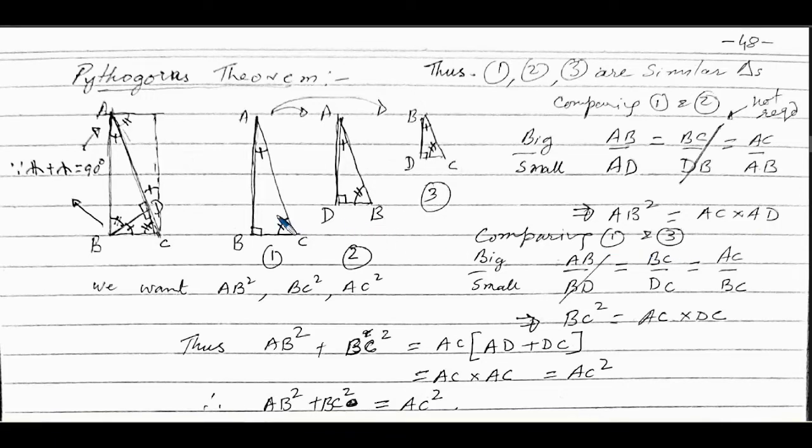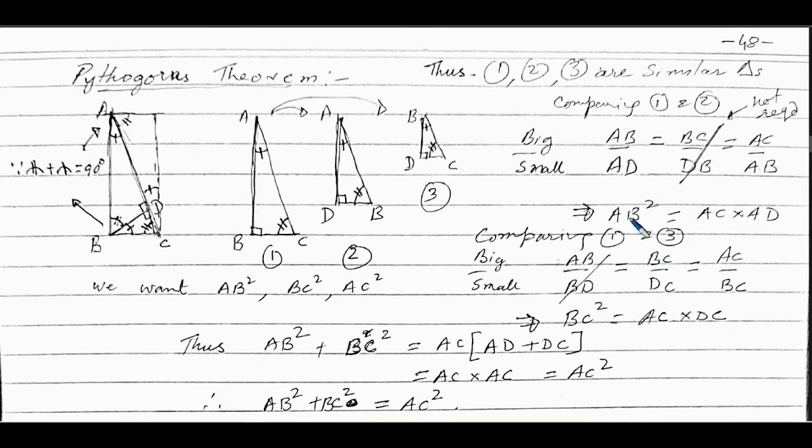Similarly, I can compare triangles 1 and 3. Again, I can write a similar thing: AB by BD, this is BD, and then similarly I write BC by DC equal to AC by BC. I see that BC is common, 2 BCs are there. So again, I can write BC square is equal to AC into DC, by cross multiplying.